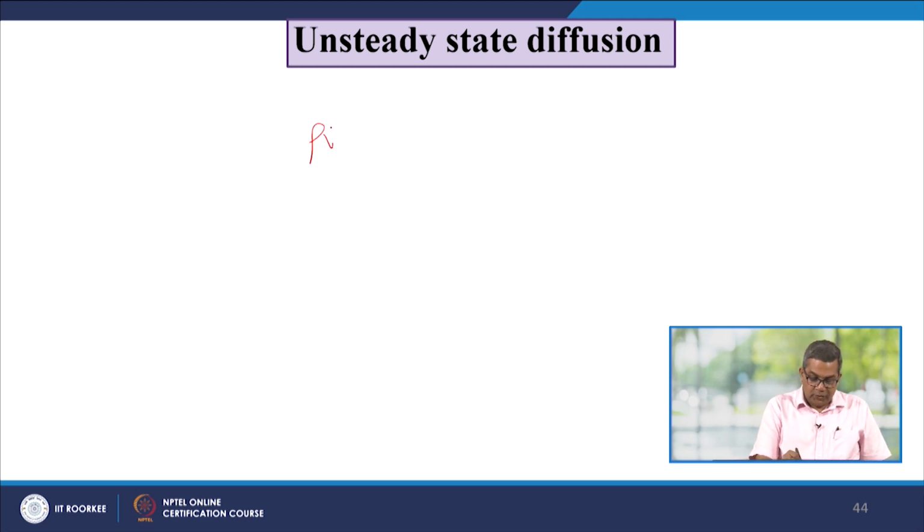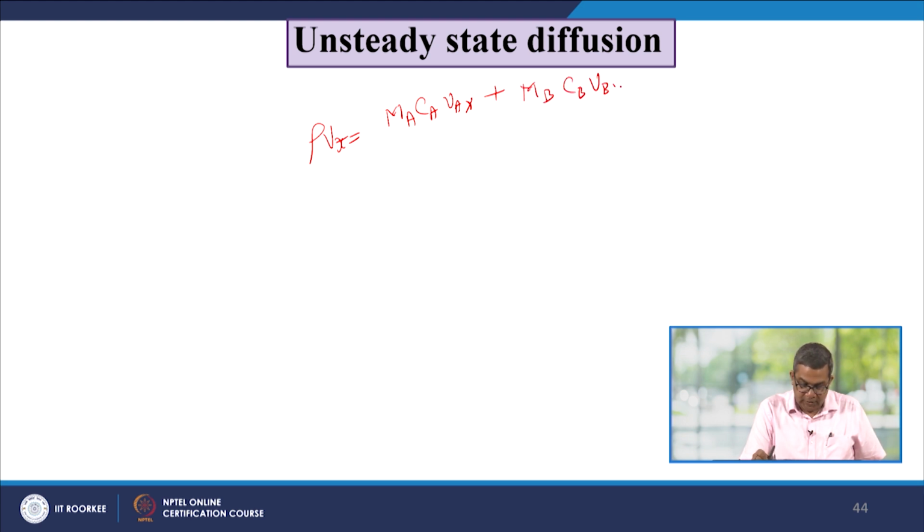So, rho Vx is equal to MA CA VAx plus MB CB VBx, which is equal to MA NAx plus MB NBx, where Vx is the mass average velocity, VAx is the absolute velocity, and NAx is the molar flux.